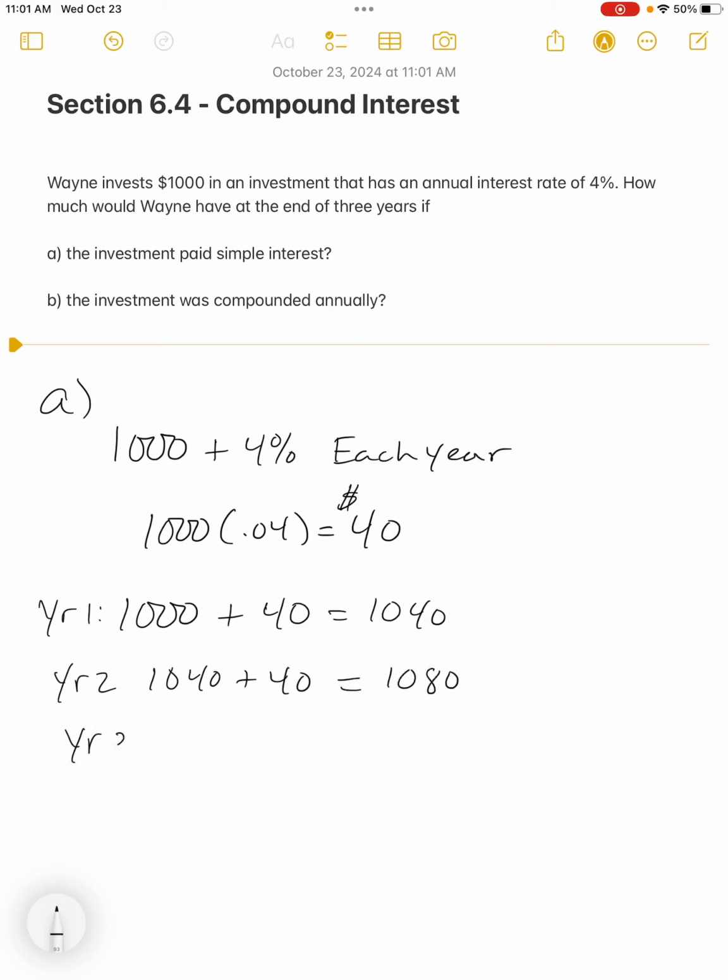And at the end of year three, I'll take my 1,080 and add the same $40, and I'm going to get 1,120. Okay, at the end of year three, coming through there.